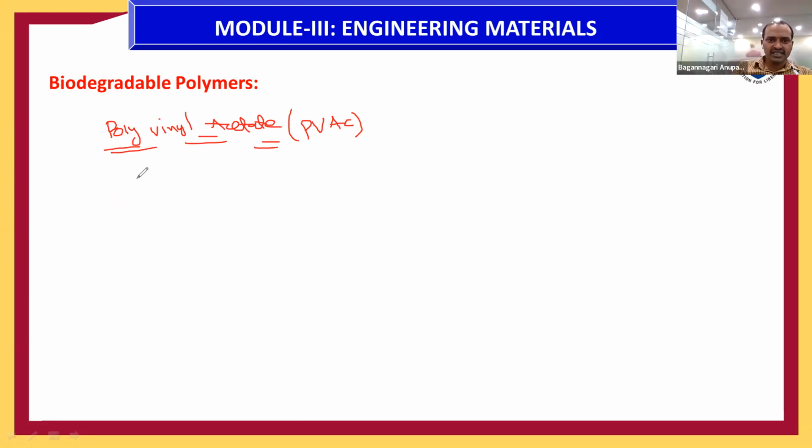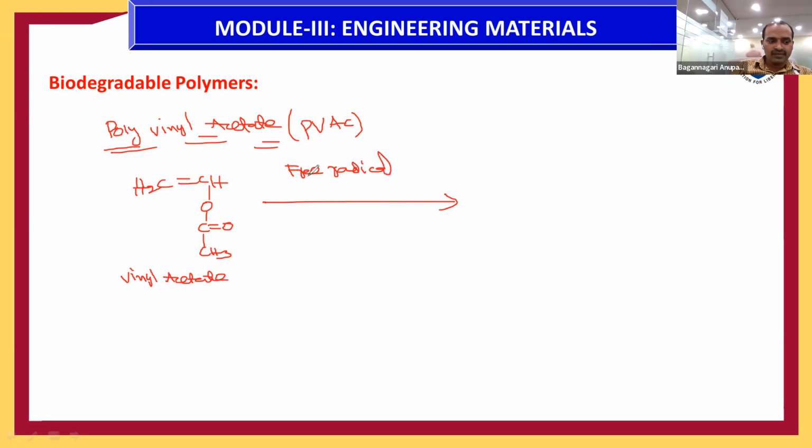The structure of vinyl acetate is H2C=CH-O-C(=O)-CH3. Vinyl acetate undergoes free radical vinyl polymerization.